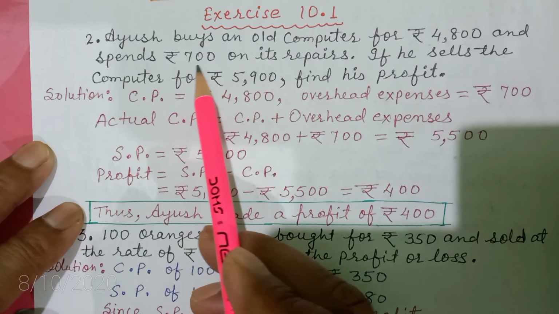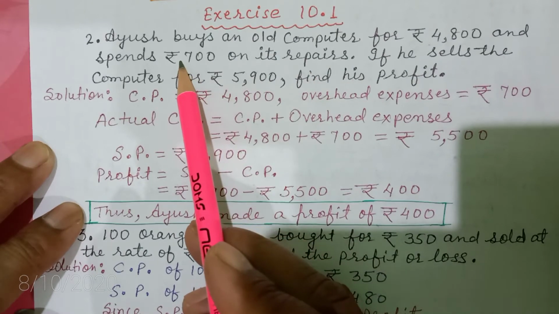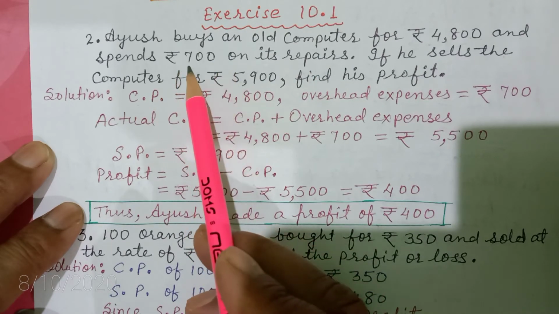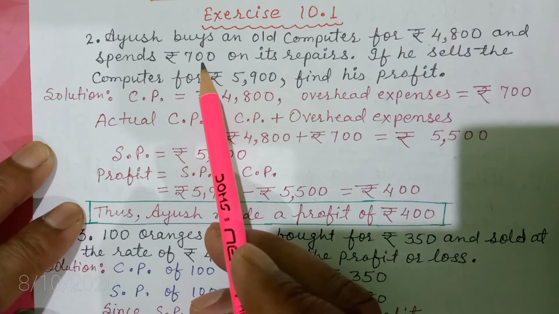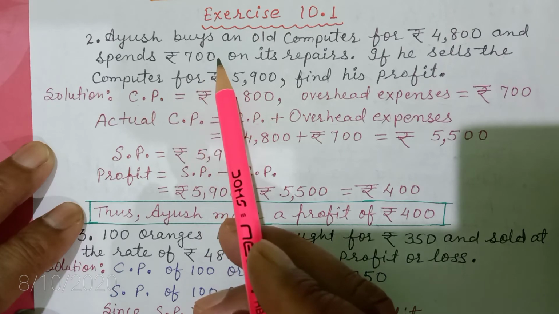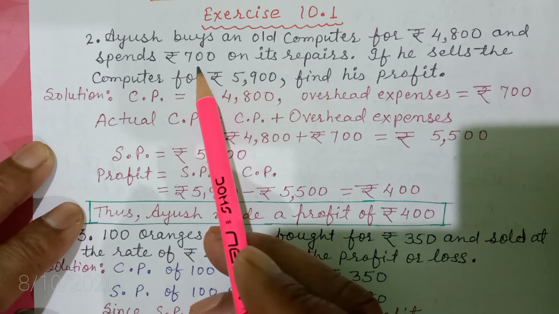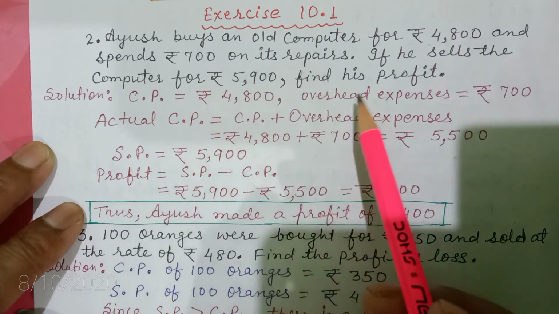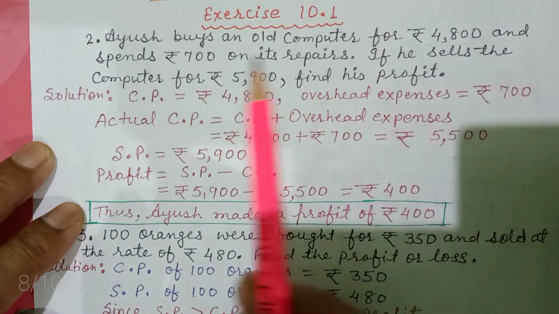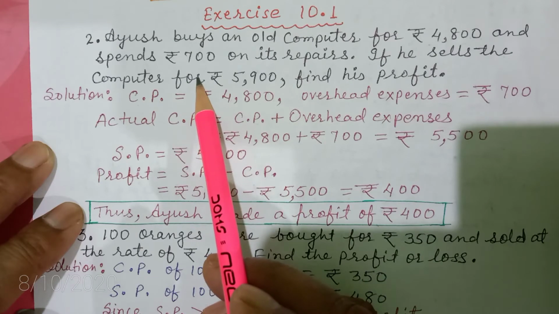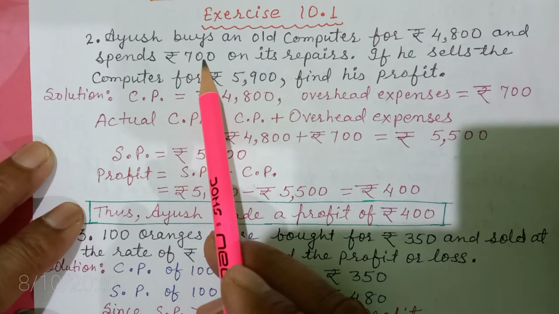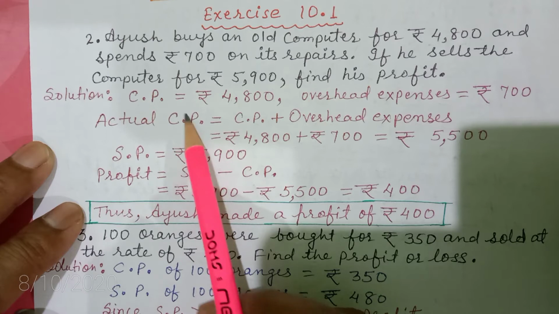So money spent on repairing is called overhead expenses. Repairing, transportation charge, these all are included in overhead expenses and added to the CP to find the actual CP.